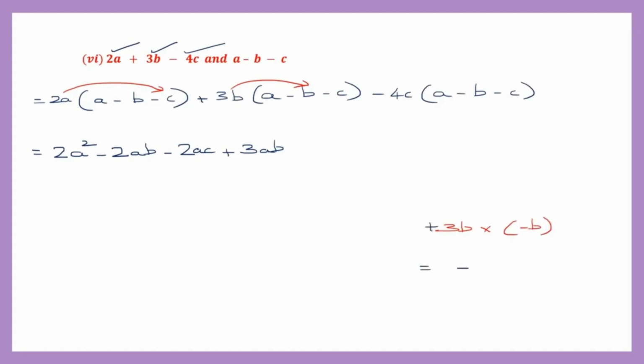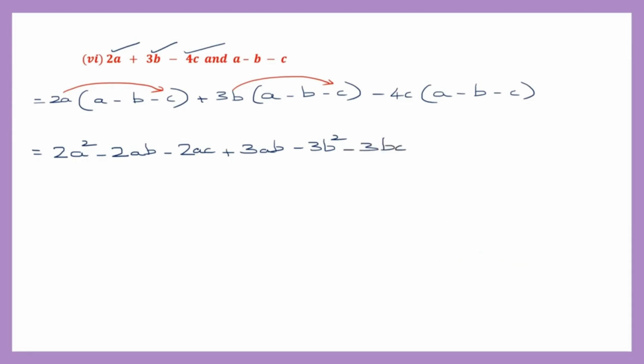Plus into minus is minus. The number is 3. b into b is b square. So it is minus 3b square. Now we are doing 3b into minus c. The sign is minus, the number is 3, b into c is bc, minus 3bc.